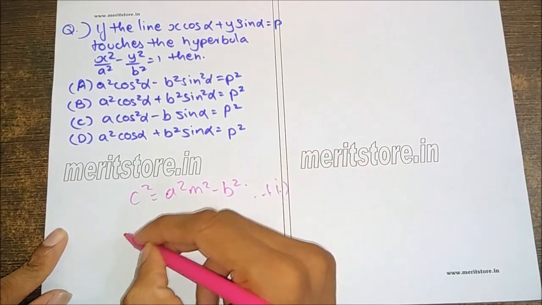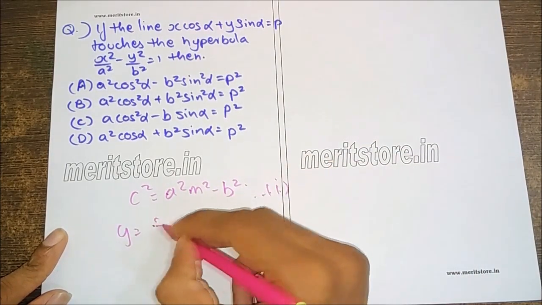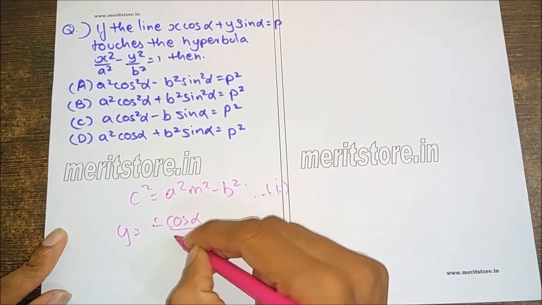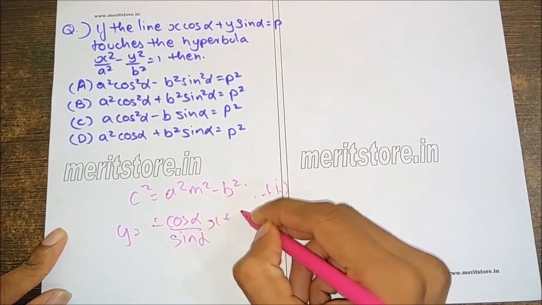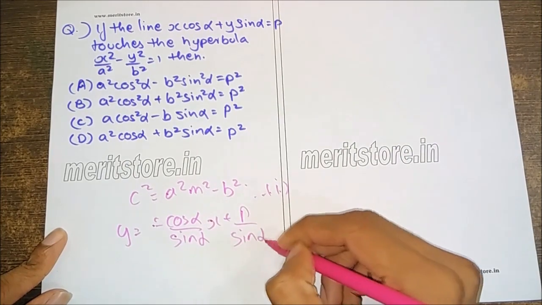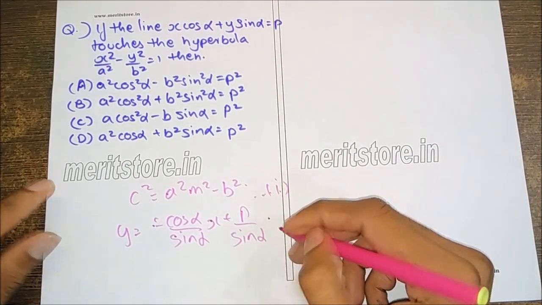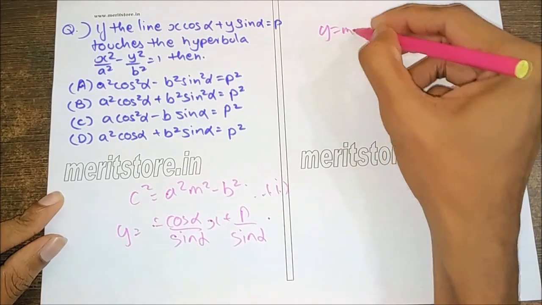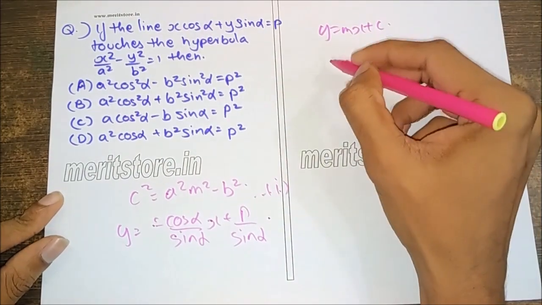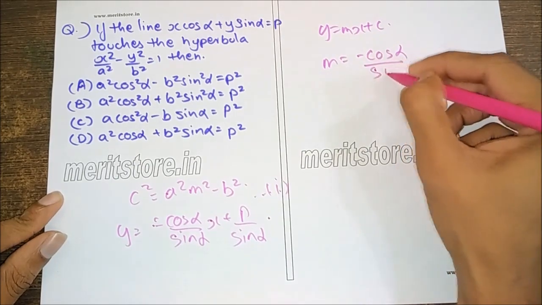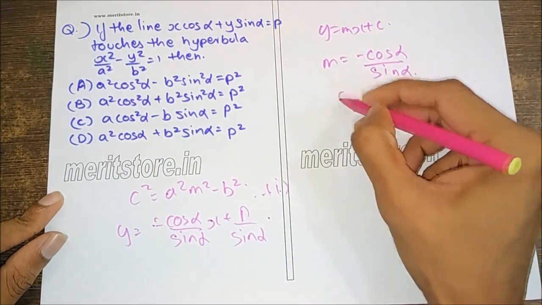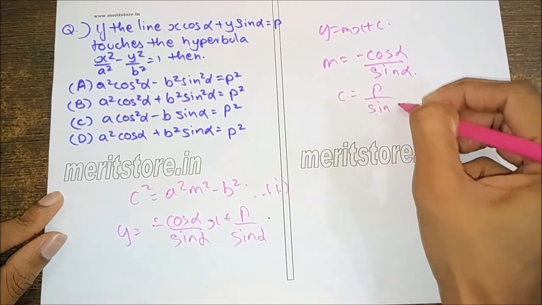So the line is y = −(cos α/sin α)x + p/sin α. Comparing with y = mx + c, we get m = −cos α/sin α and c = p/sin α.